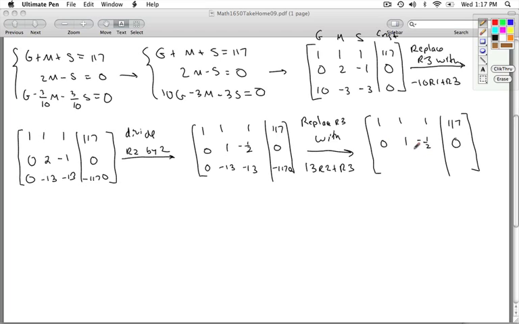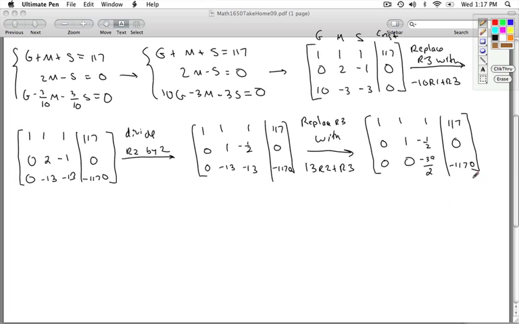And here's row 3. 13 times 0 plus 0 is 0. 13 times 1 plus negative 13 is 0. 13 times negative 1/2 is negative 13 halves. Negative 13 halves plus negative 13 is negative 39 halves. 13 times 0 plus negative 11770 is negative 11770.